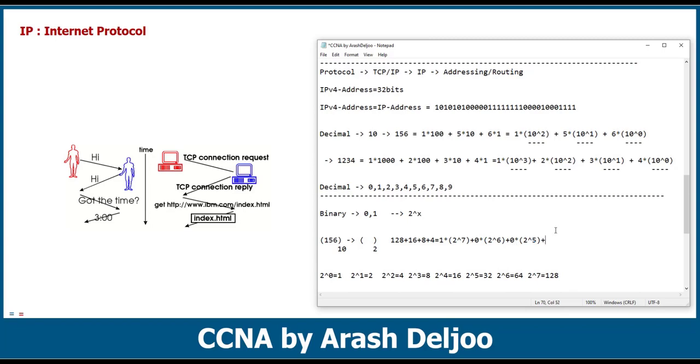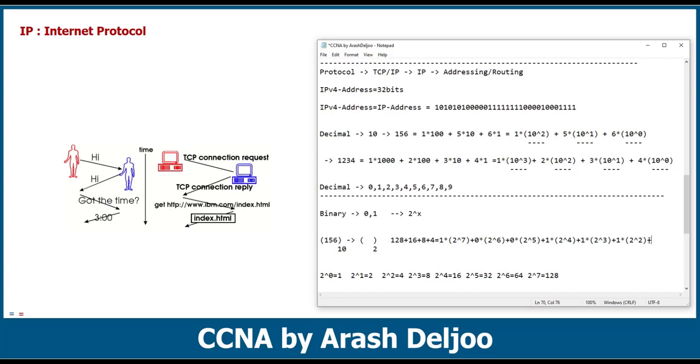But I used the 2 to the power of 4. Because of that, we need 1 multiply 2 to the power of 4, and also I used 2 to the power of 3. Because of that, we need 1 multiply 2 to the power of 3, and also I used 2 to the power of 2. Because of that, we need 1 multiply 2 to the power of 2.